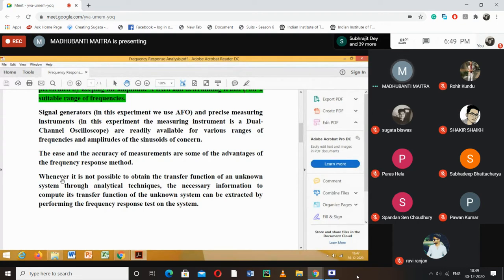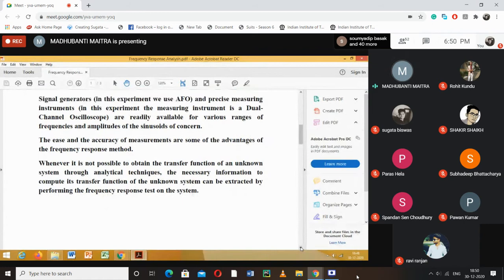So the importance of this experiment: whenever it is not possible to obtain the transfer function of an unknown system through analytical techniques, the necessary information to compute its transfer function can be extracted by performing the frequency response test on the system.